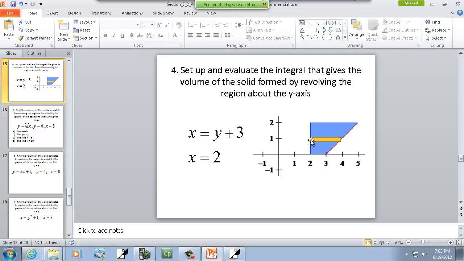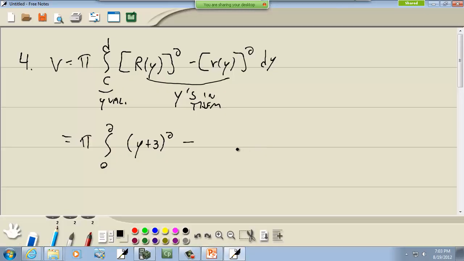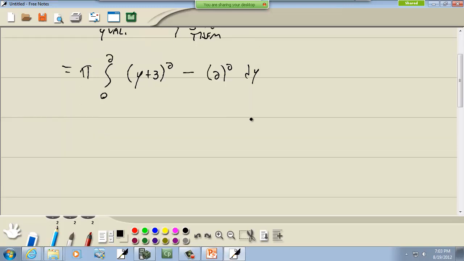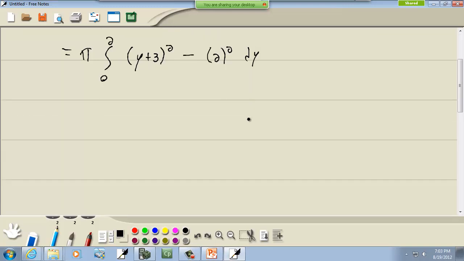And then our inner one is this x equals 2. So we'll have 2 squared dy. You'll know if you did it wrong if you get a negative volume instead of a positive. That's one indicator.